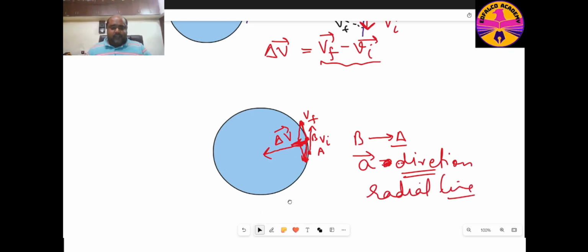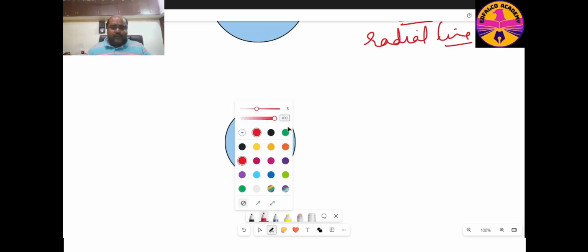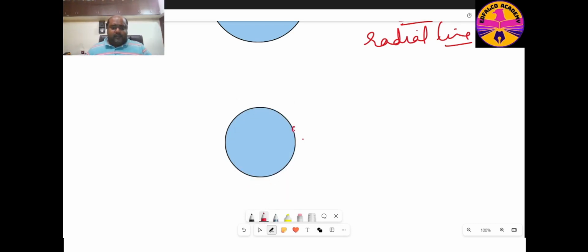So, so far what we have seen is that if there is a circular motion, the body at any particular point will have a velocity which will be tangential to that point A, right? And its acceleration will be in the radial direction pointing towards the center, right?